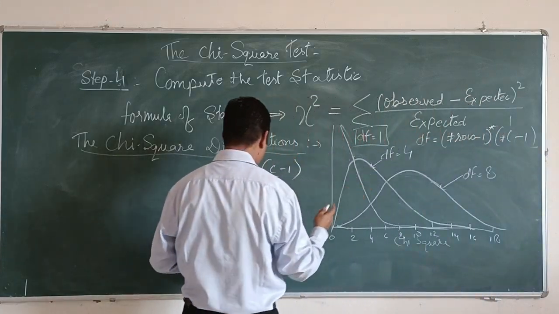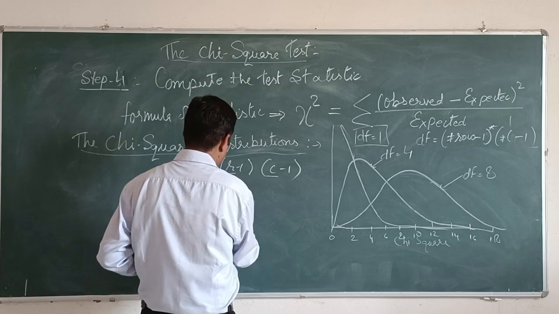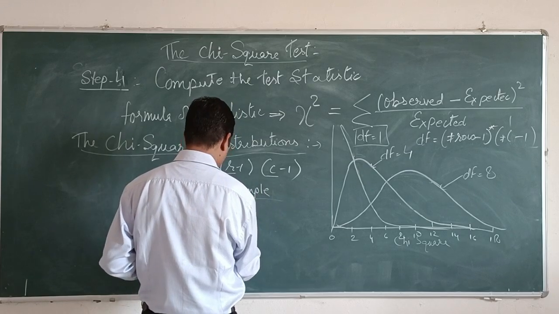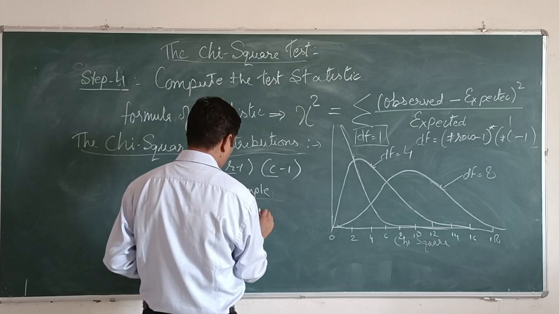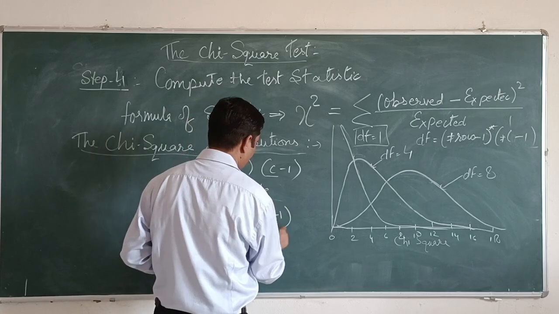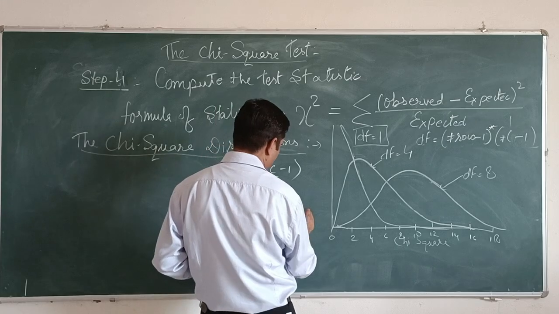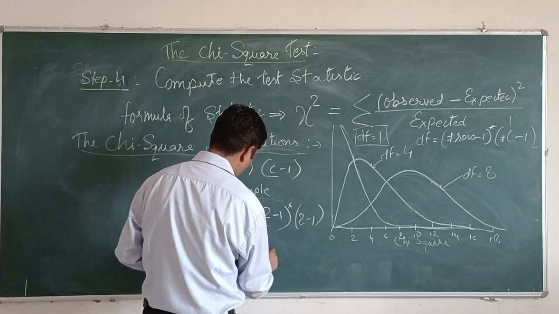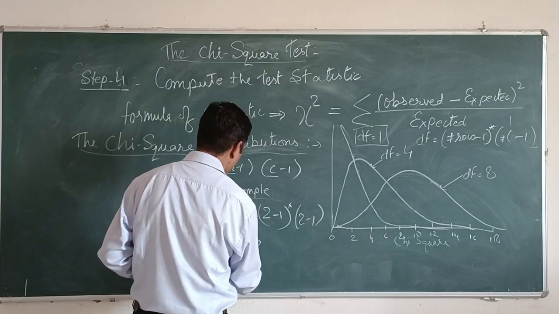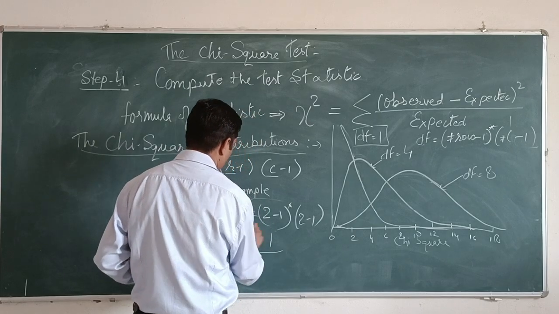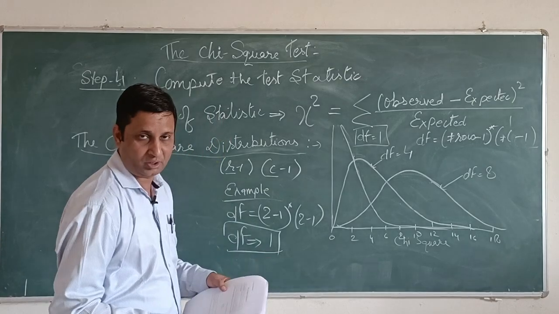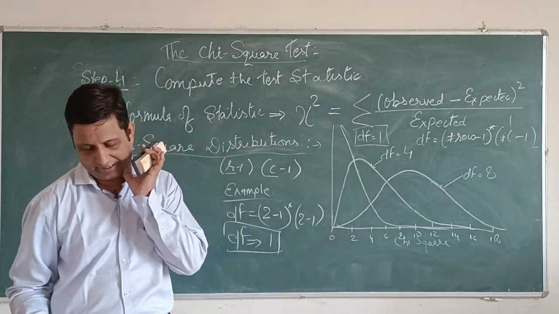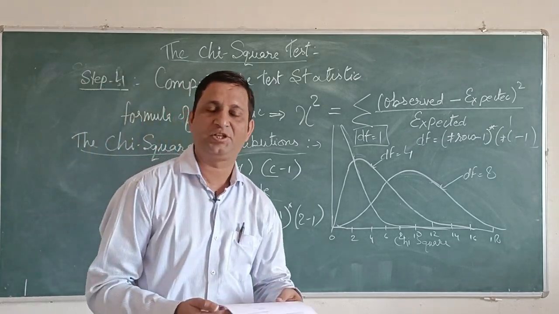For example, with 2 rows and 2 columns, it is (2 minus 1) times (2 minus 1), so the DF value is 1.